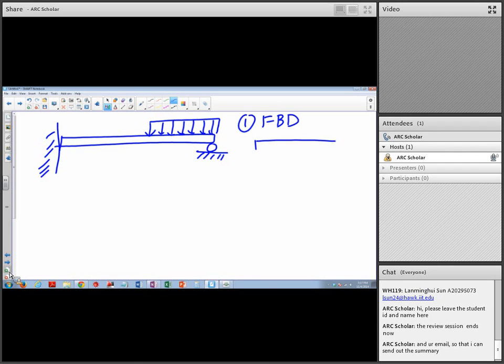So the free body diagram. Let's say this is point C, point B, point C. So the free body diagram is AY, FA, and CY.